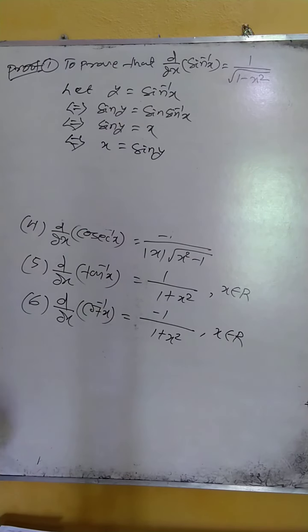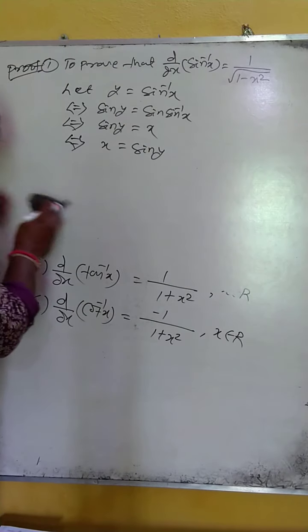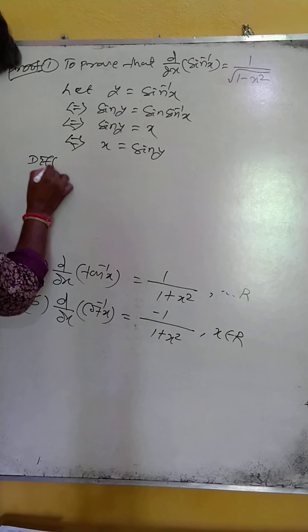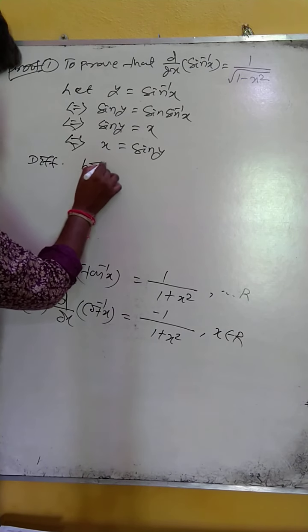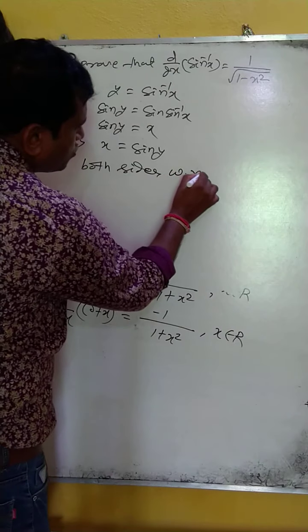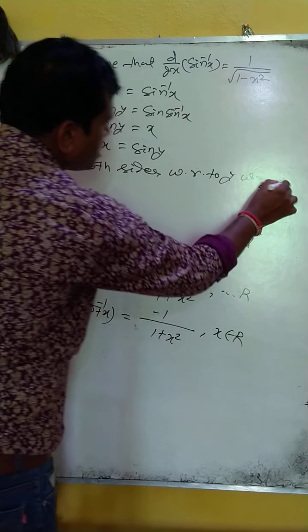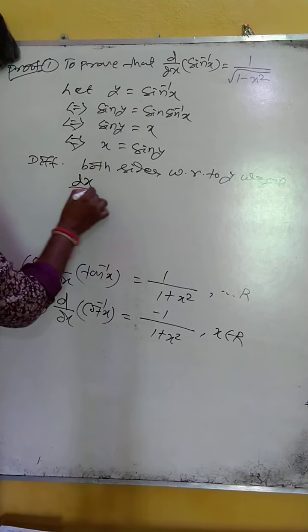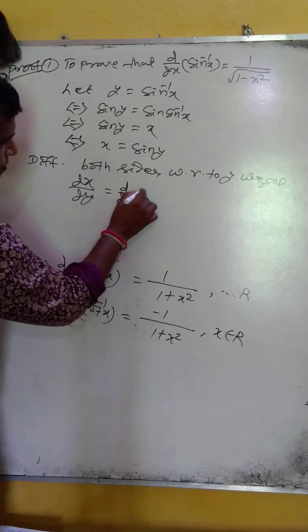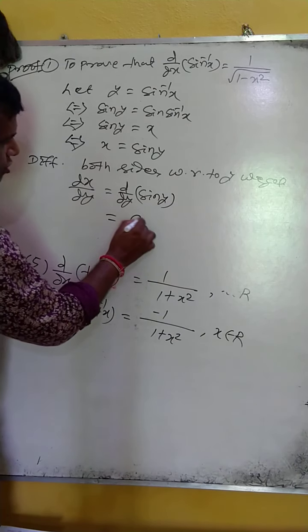Now we differentiate both sides with respect to y. We get dx by dy, that equal to d by dy of sin y, that equal to cos y.